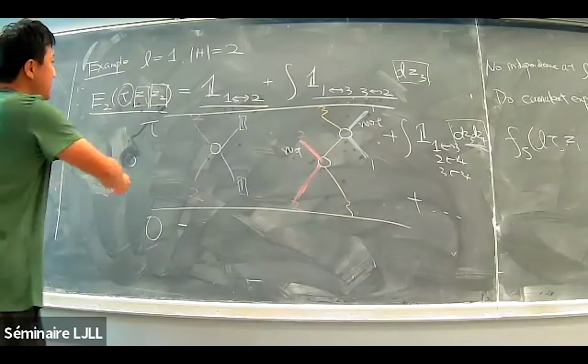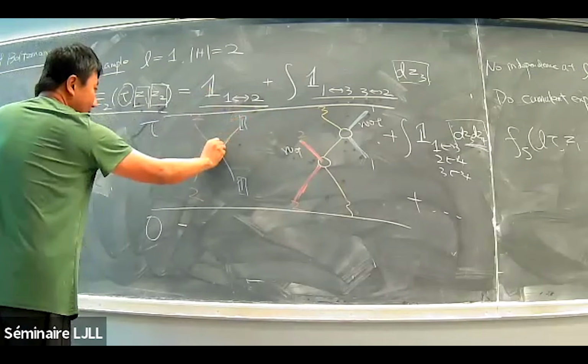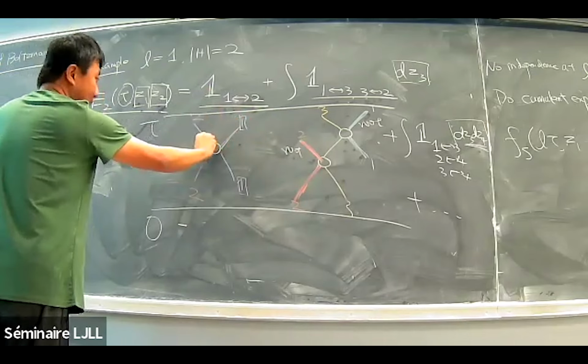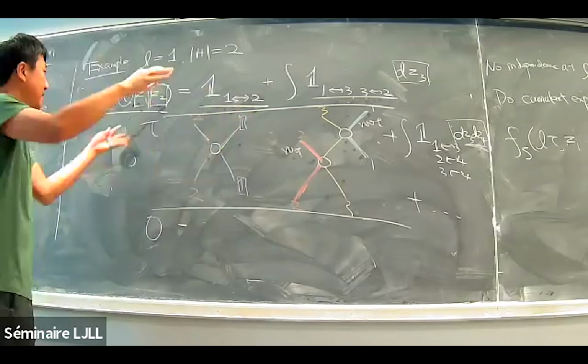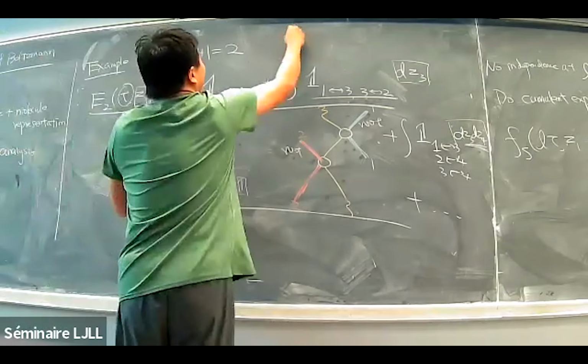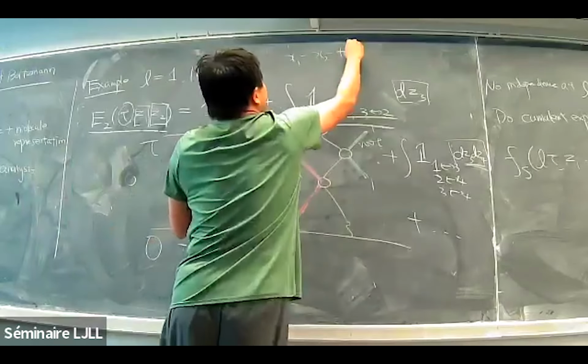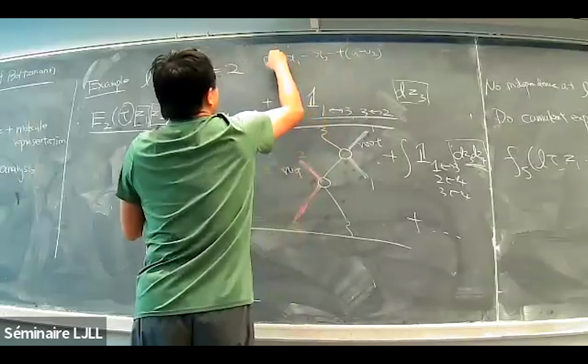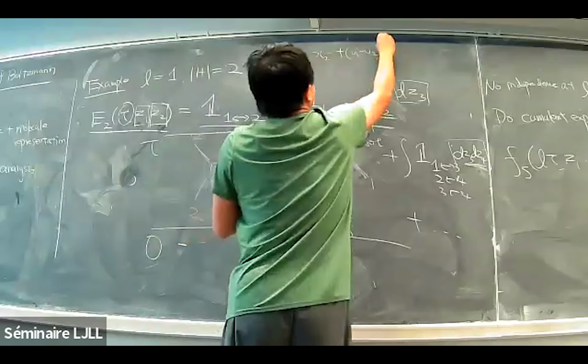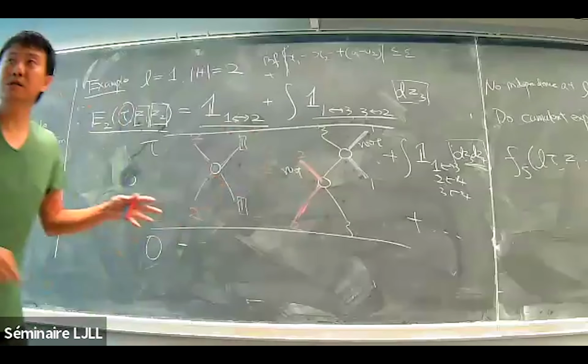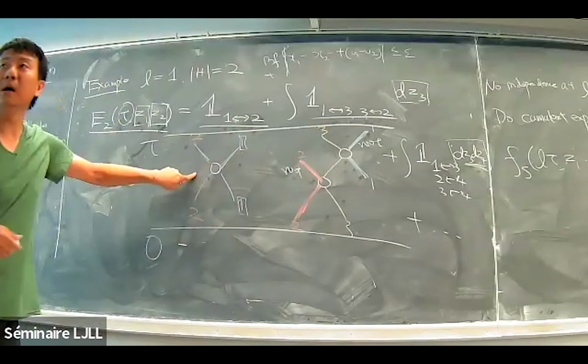This just means that the linear trajectory of 1 collides with the linear trajectory of 2, and that's it. It's a linear expression, like x1 minus x2 minus t(v1 minus v2): take the infimum over t, and this thing is less than epsilon. So there's only this.